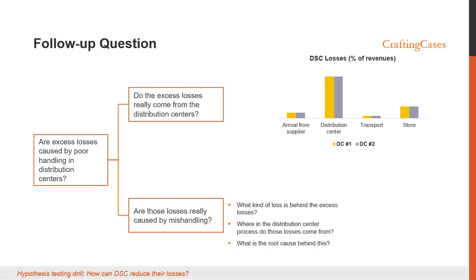And what's weird is that we have losses in arrival from supplier, we have losses in transport, we have losses in store, or something like that. And we wouldn't know because we can't compare it to the benchmark, which might even have more losses than us in the distribution centers, but no losses at all in the other steps.